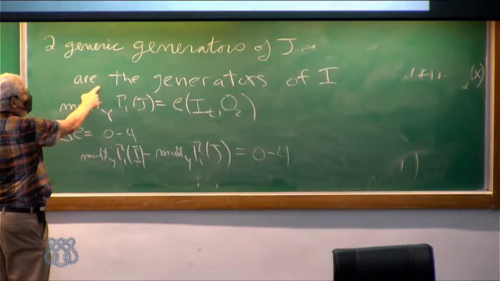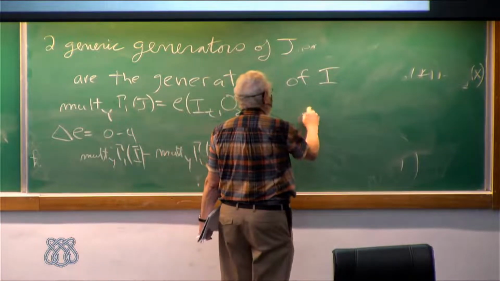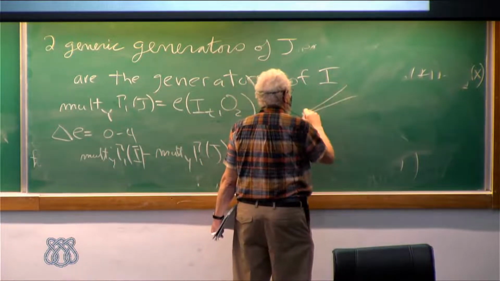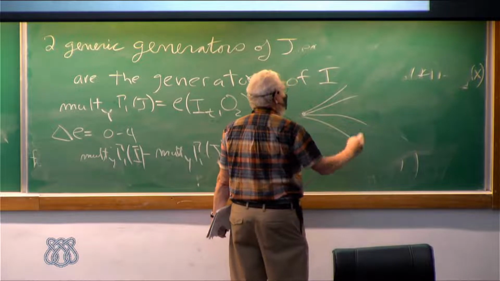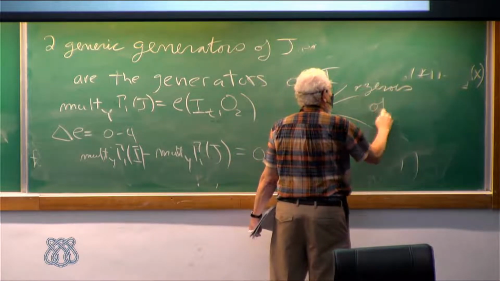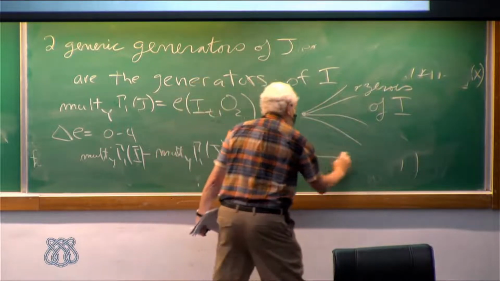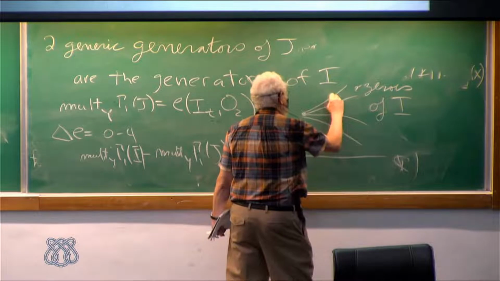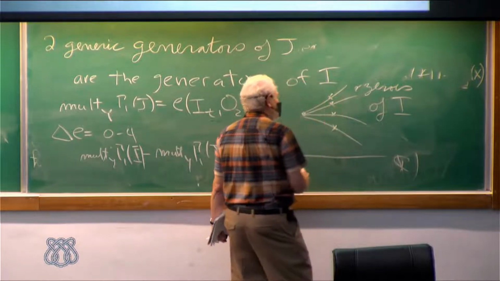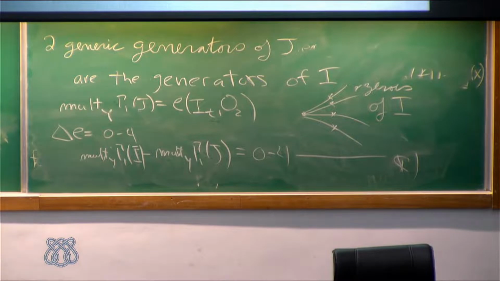These are the generators of I. And so the picture we get for the polar curve looks like this, where these are the zeros of I. And so if we project to C, we get 4 points. But that was exactly the multiplicity of I. So that is it. Does that answer your question?